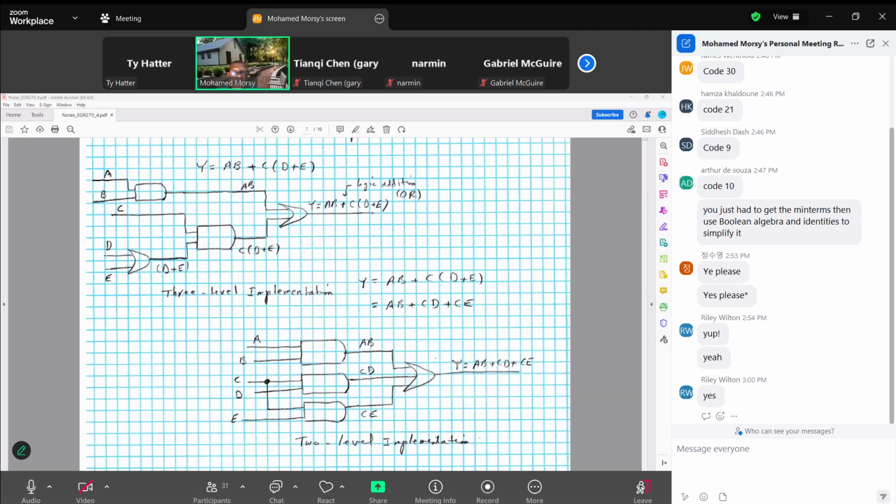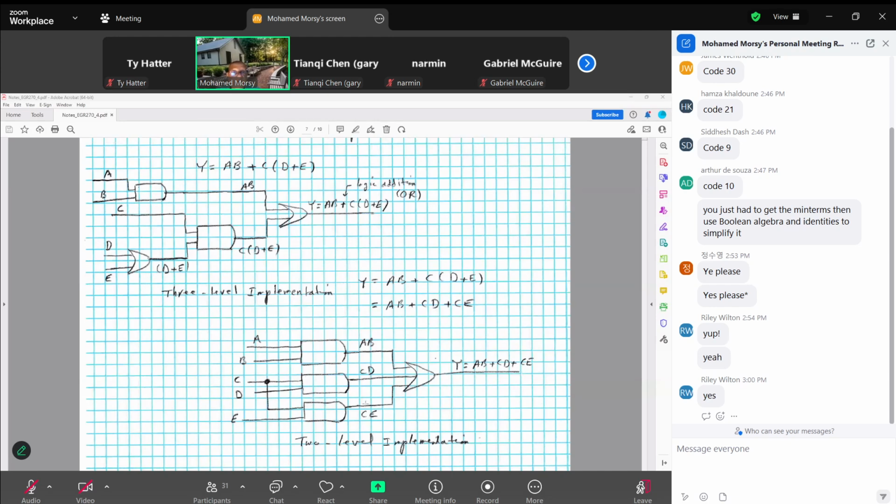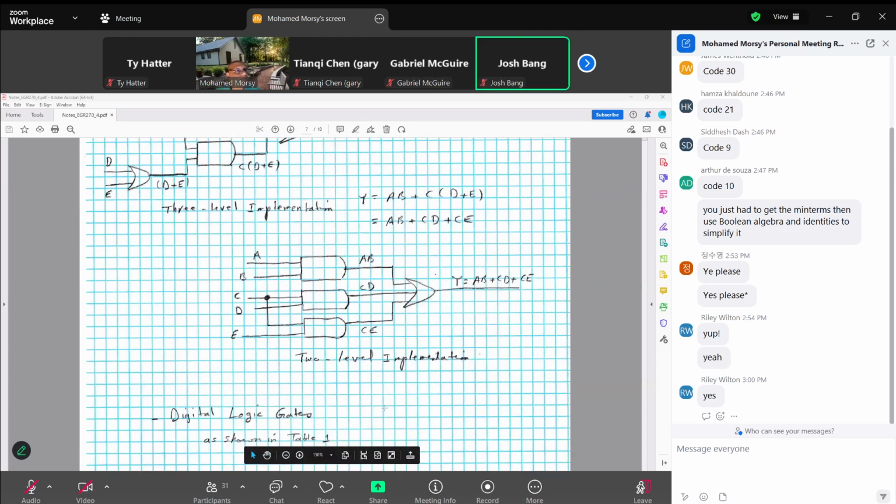Can we draw the circuit, guys, or is it not clear? Just one said yes. What about the others? Makes sense. Okay, good.